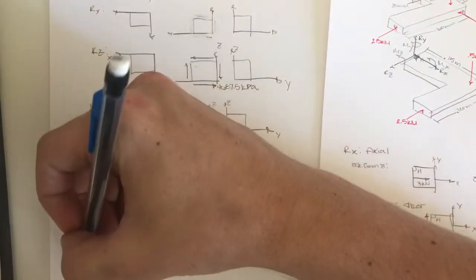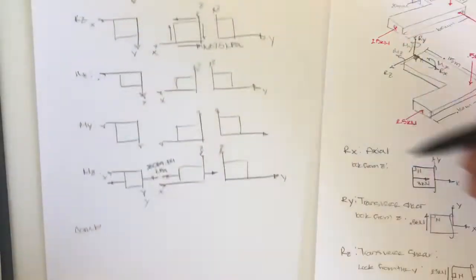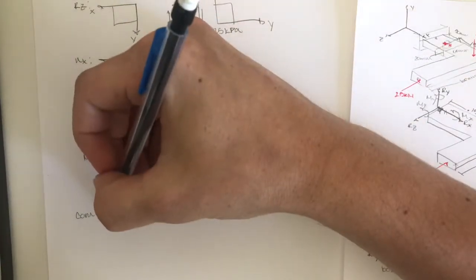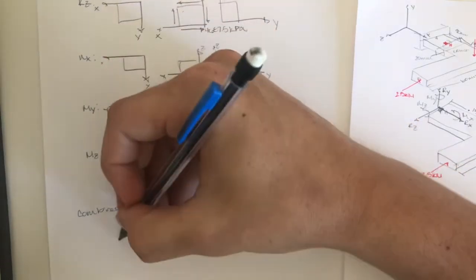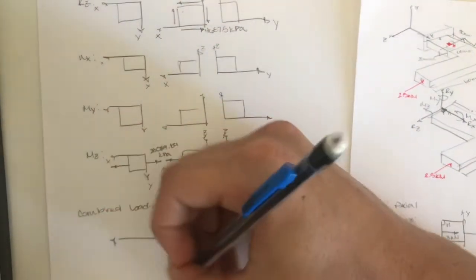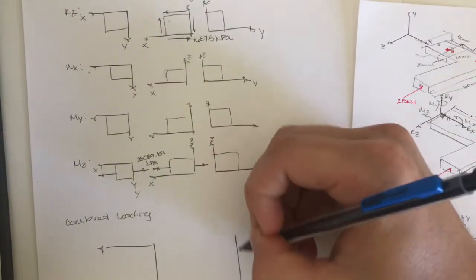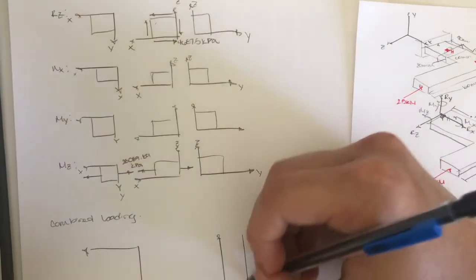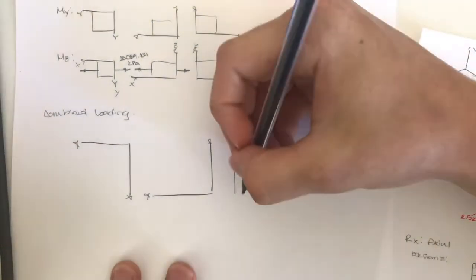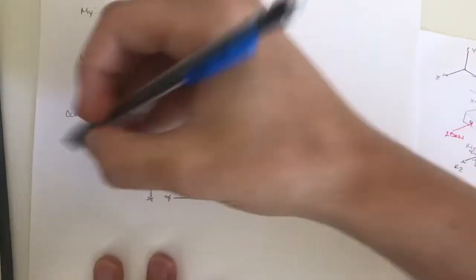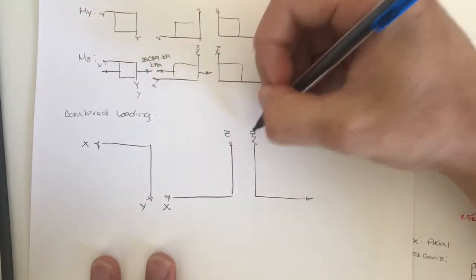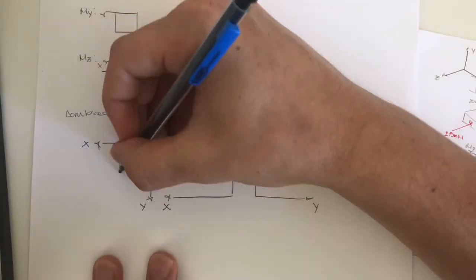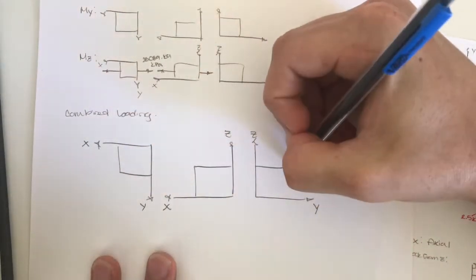So what we can do now is create a combined loading here. Make this slightly bigger so it's easier to see. XY, XZ, ZY. Create this box right here.